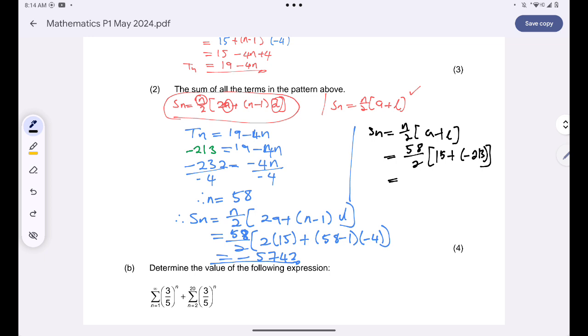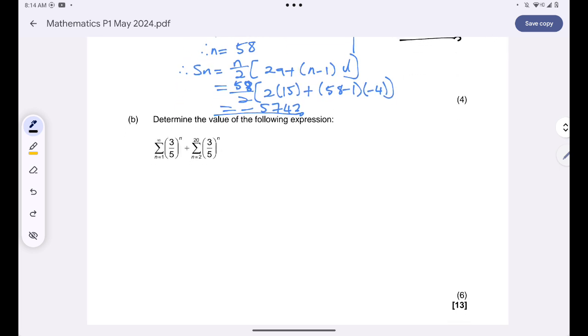I still get the same answer, negative 5,742. It's up to you guys which one you want to use after finding n. As long as you have the number of terms, you are good to go.